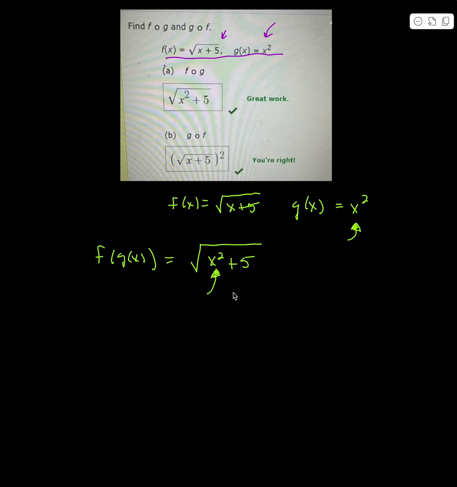We're adding a positive, so we're always going to be able to take the square root of it. You can even say x squared plus 5 must be greater than or equal to 0. x squared must be greater than or equal to -5, but we can't solve for x because the square root of a negative number doesn't exist, which also means there is no restriction.